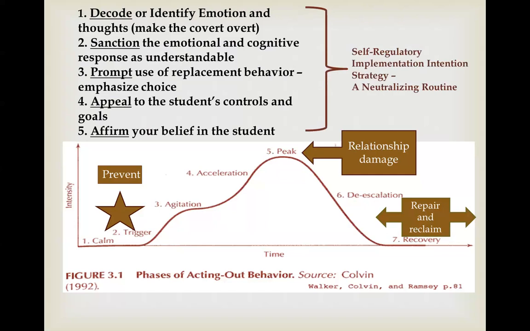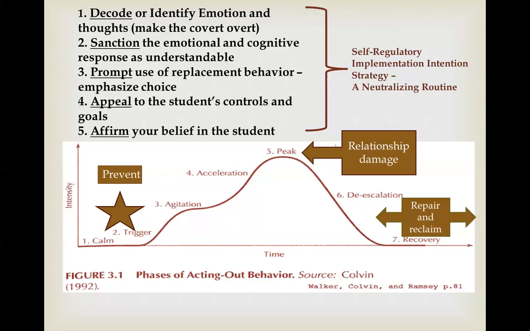This decode, sanction, prompt, appeal, affirm strategy, once you get good at it, by the way, you can deliver in like 40 seconds. Of course, a behaviorist would say decode, sanction, prompt, appeal, and affirm, and we need to be careful that that amount of verbal reaction from the adult isn't inadvertently reinforcing the display of the agitation. We should always be mindful of that.